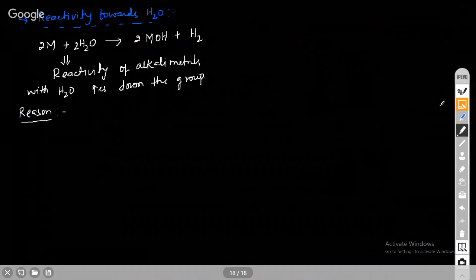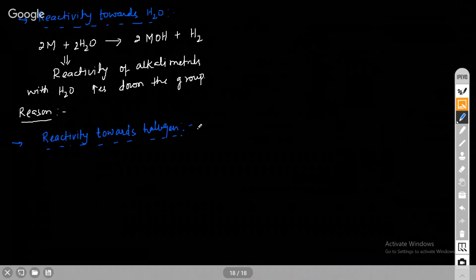Reactivity towards water we have discussed. The next thing we have is reactivity towards halogen.